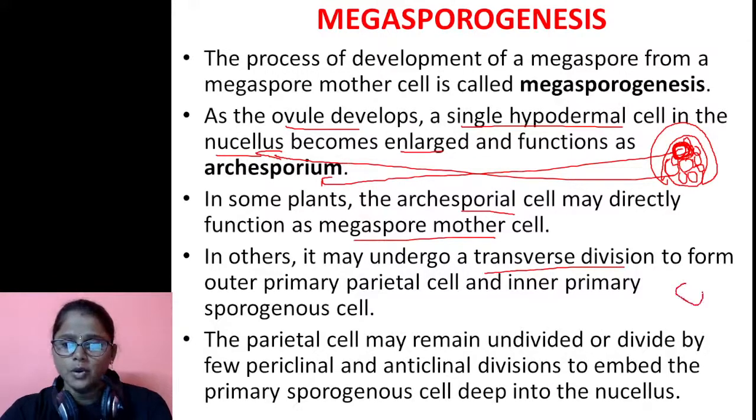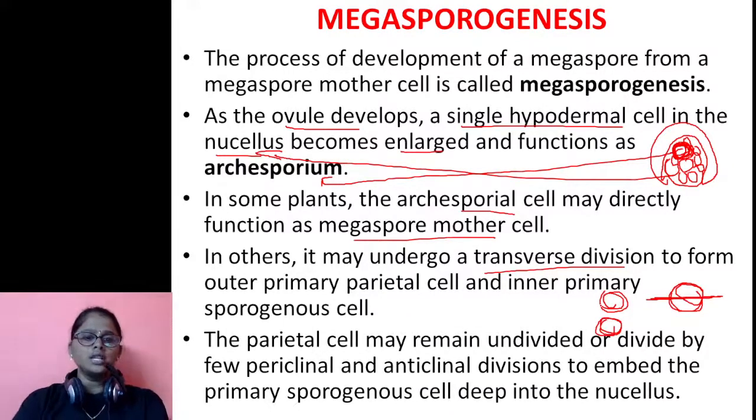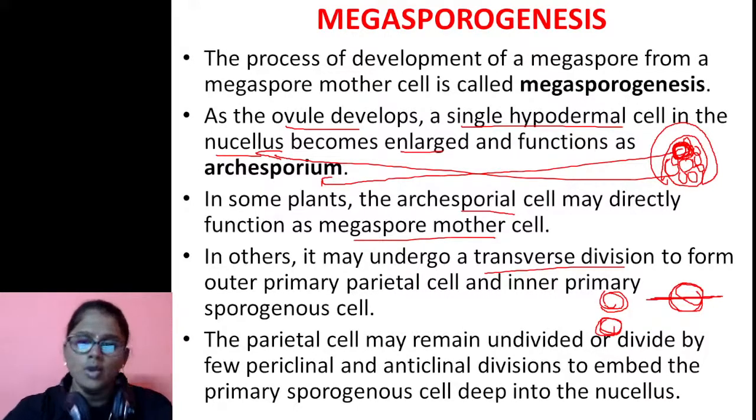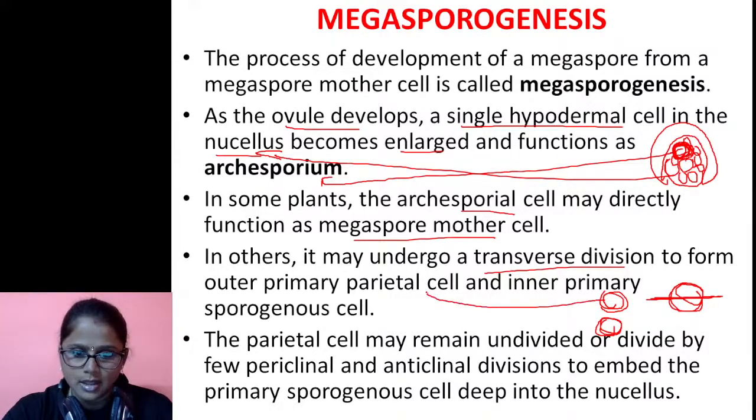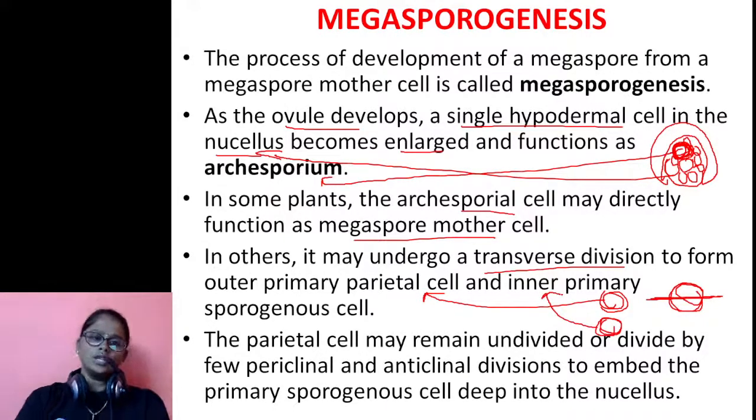That is, if there is an archesporium cell, it will divide like this. Transversely they divide and become two archesporial cells. So these two cells are called the primary parietal cell and the primary sporogenous cell. One is the primary parietal cell, forming the outer layer, and the other cell forms the inner primary sporogenous cell.